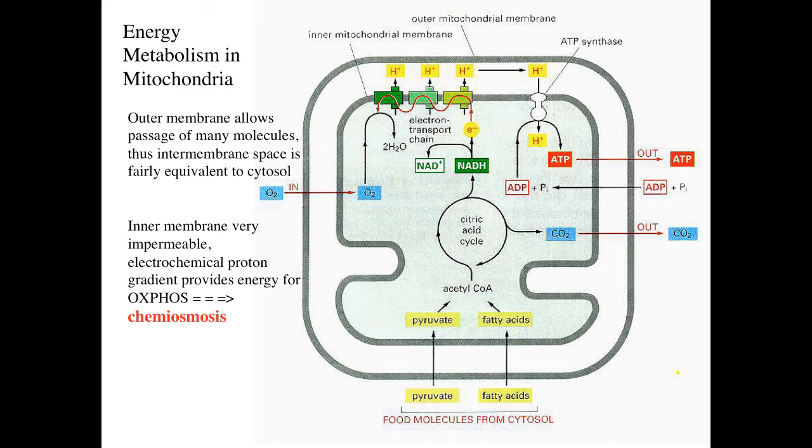But on the other hand, the inner membrane of mitochondria is highly impermeable. Now it does contain, as I suggested, electron transport enzymes, and this sets up a gradient of hydrogen ions across the inner membrane, which provides the energy for oxidative phosphorylation.